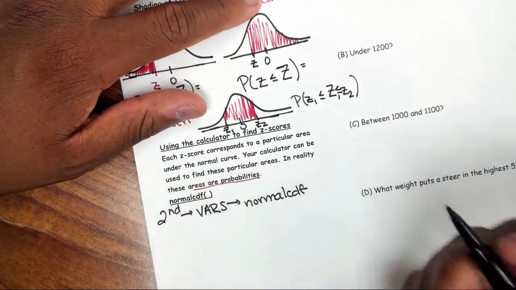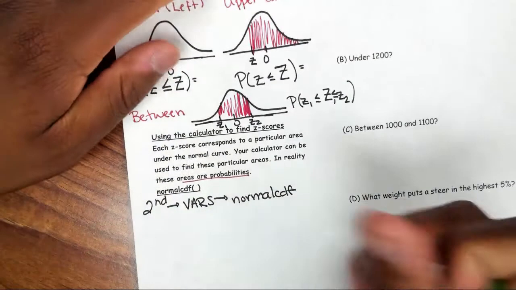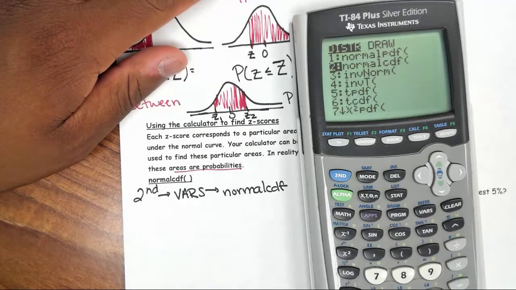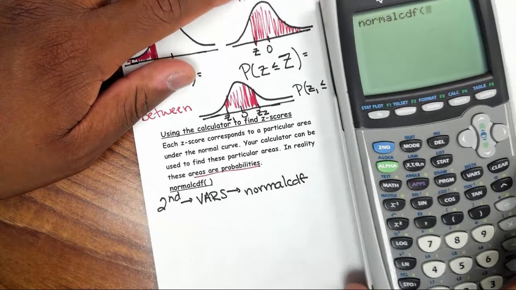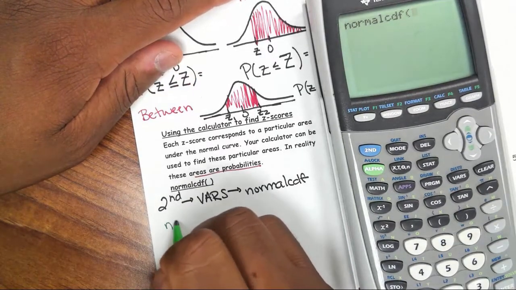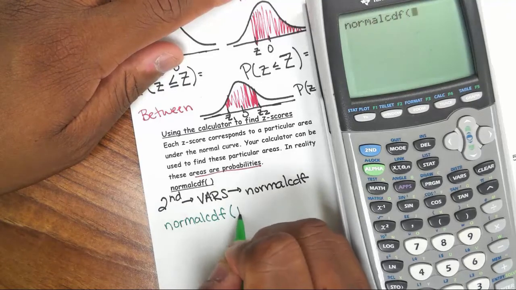And the syntax for normal CDF. So the way you're going to have to write this function is like this. When you plug it into your calculator, you're going to see different things in your screens than maybe mine. You might have newer software. But the general syntax, when you click on that, normal CDF wants you to give it 4 things. It wants you to tell, basically it wants the, what we call the lower bound first.